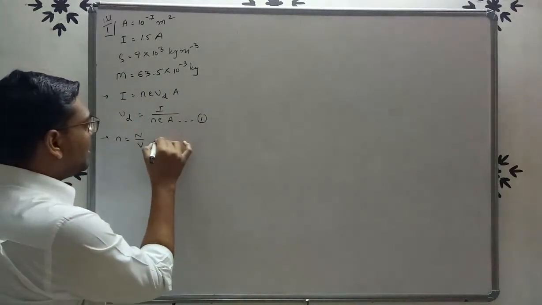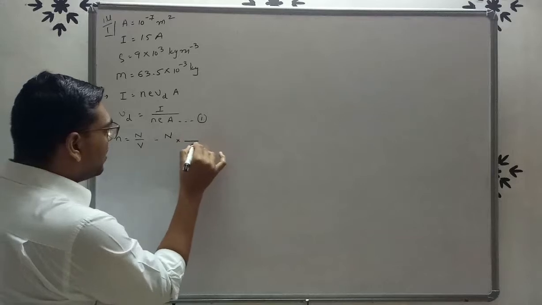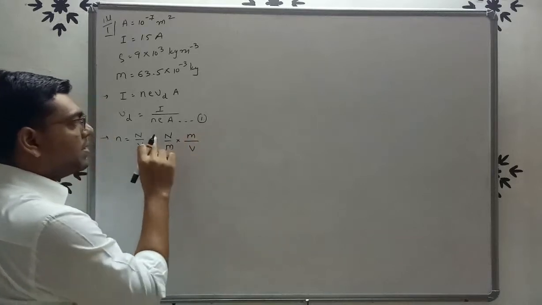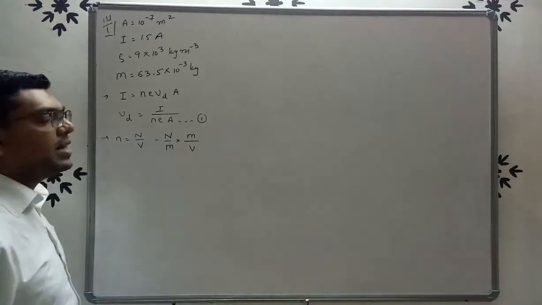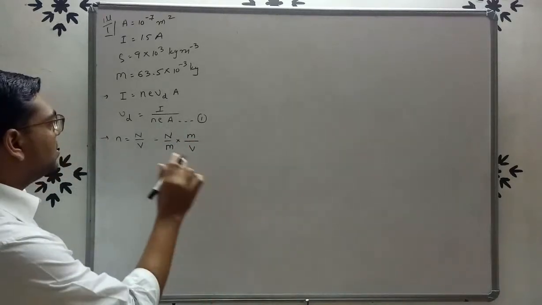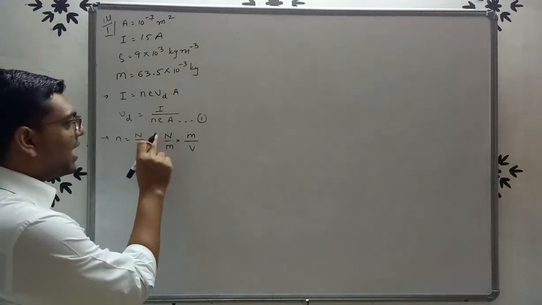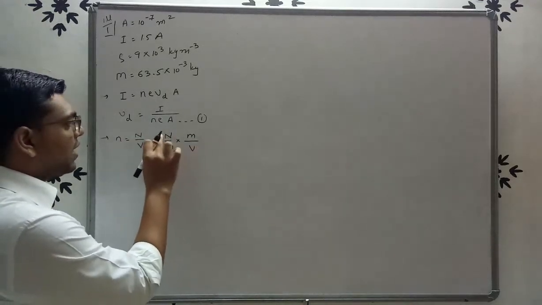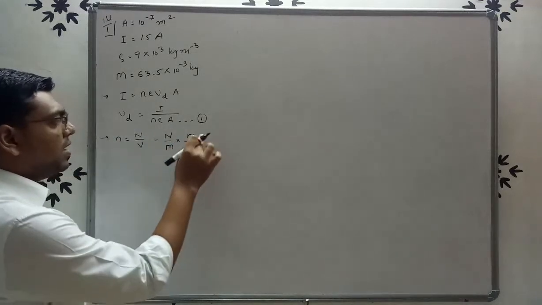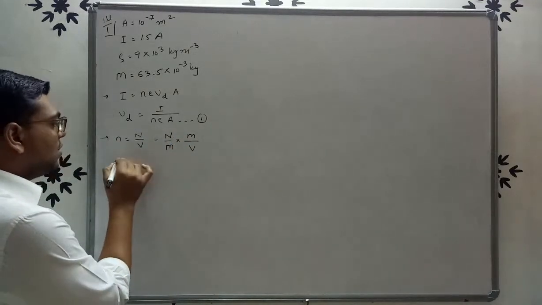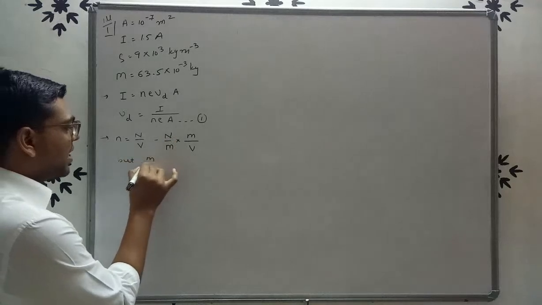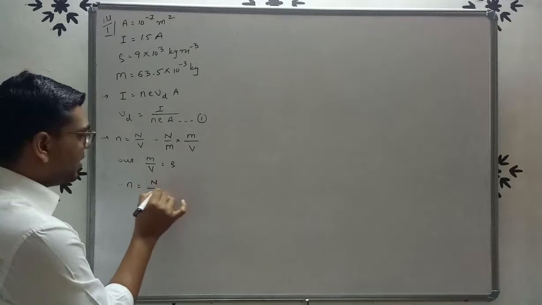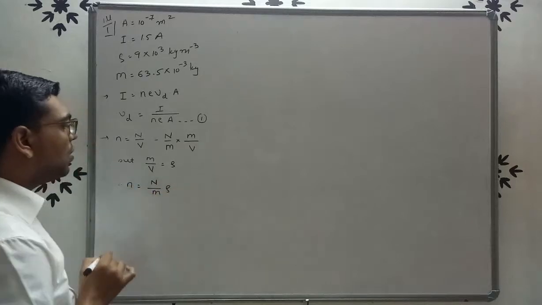So we multiply and divide this equation by m. So N by m into m by V, but m by V is rho. So small n is equal to capital N upon m into rho.